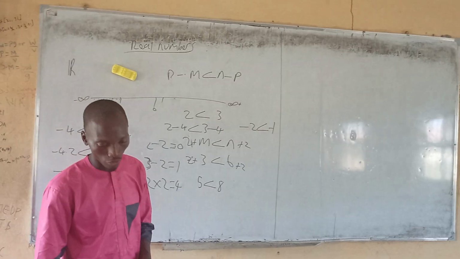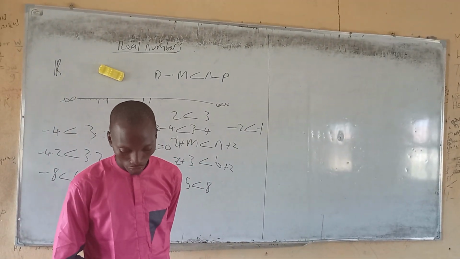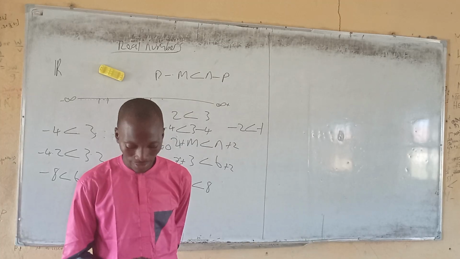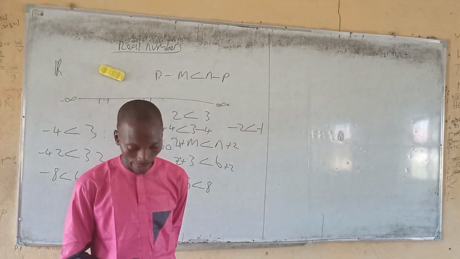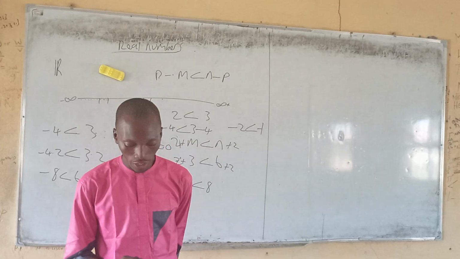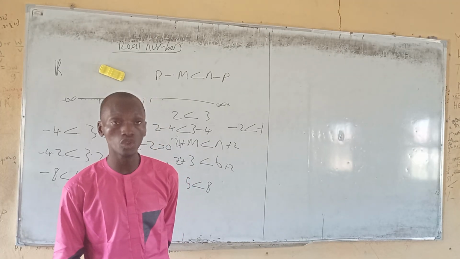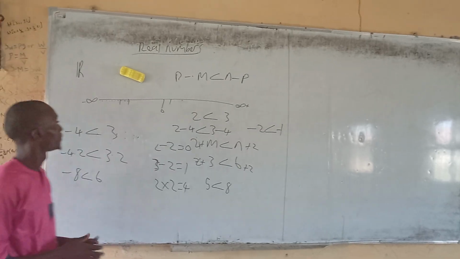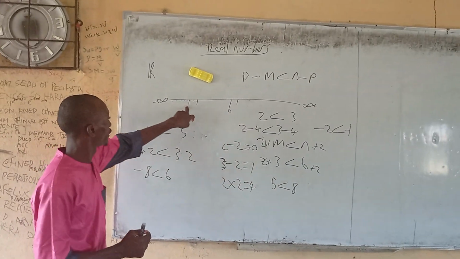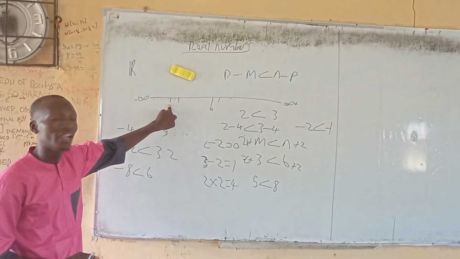Then the last but not least, the completeness property. This property says that every point on the real line corresponds to a real number, implying the real line is devoid of holes and gaps. It is continuous. What does that mean? It is that on this real line, there is no hole, there is no gap.